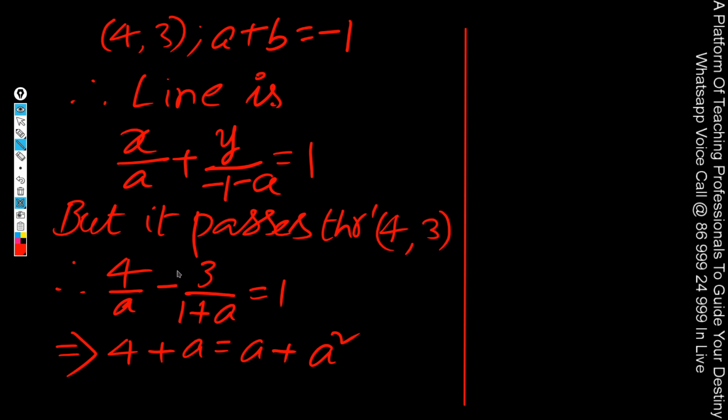Whether it is correct or not, let me check once. This is 4 plus 4a minus 3a is nothing but 4 plus a. This is a plus a square. So you got a square is equal to 4, and a is equal to plus or minus 2.